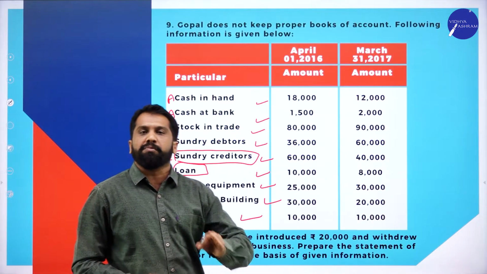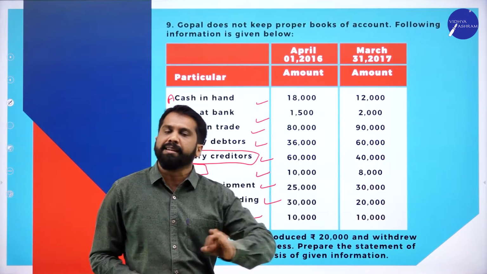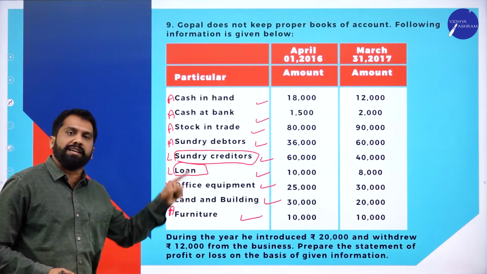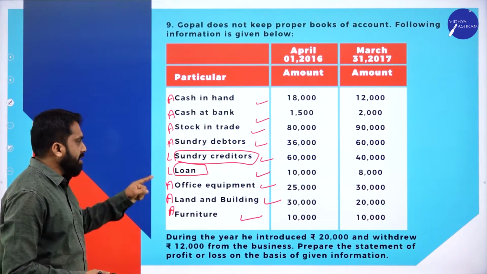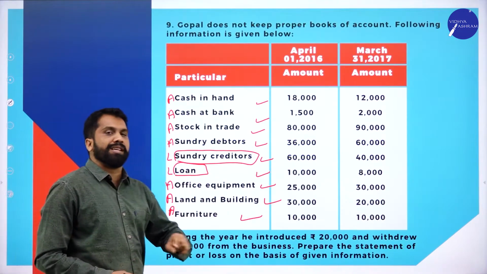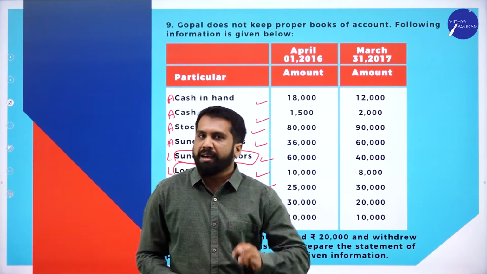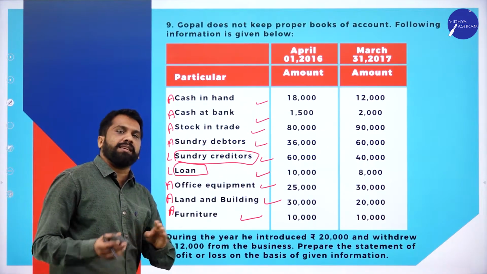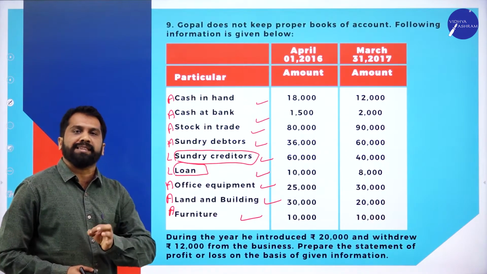Other than these three, whatever you get, you have to write as asset. There are many things under liability, but for incomplete records, these three you have to remember. Other than these three, the rest we call assets.